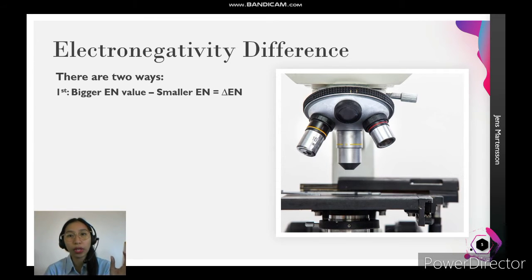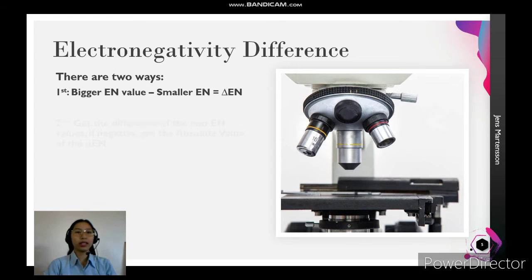You may use the periodic table and look for its EN value, then write it down, and then the larger EN value minusan nimo, or you take away the smaller EN value, and then the answer of that would be your electronegativity difference.